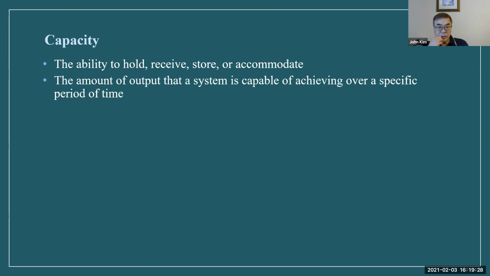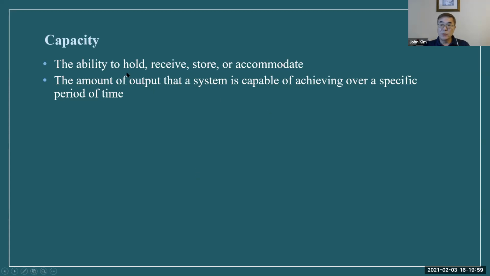But this time, the CDC and Pennsylvania Health Department recommend using only half of the maximum capacity. So I think maybe 12, 13 seats available in that classroom. So that is kind of ability and capacity.